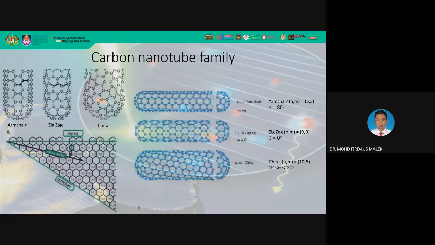So that is one of the applications. These nanotubes can also be bonded with other materials to form super strong composites, which I mentioned before. This material can be mixed with other material to form a new material.